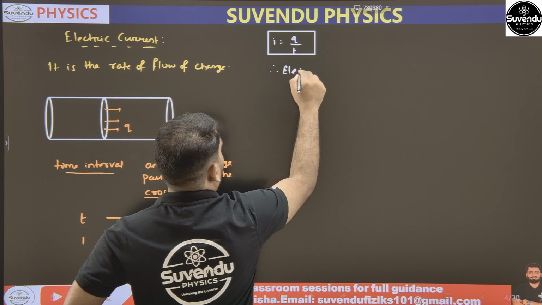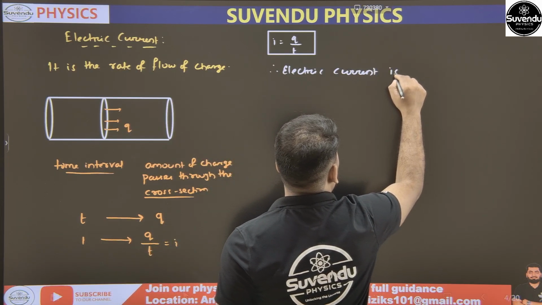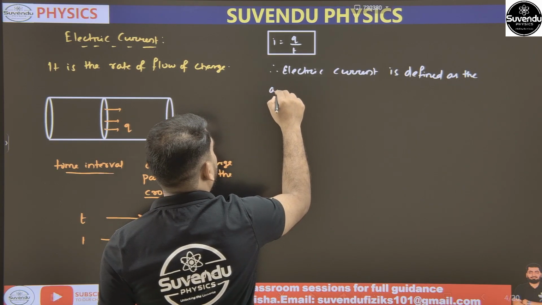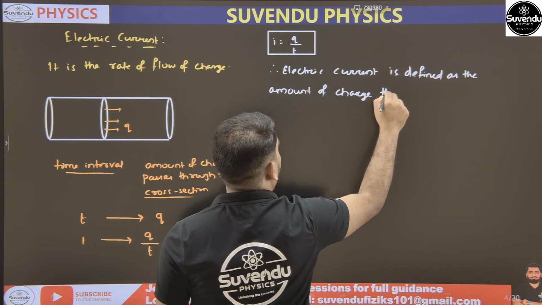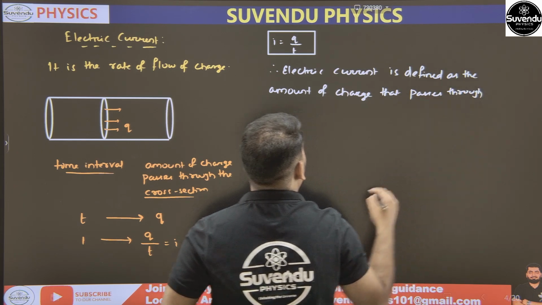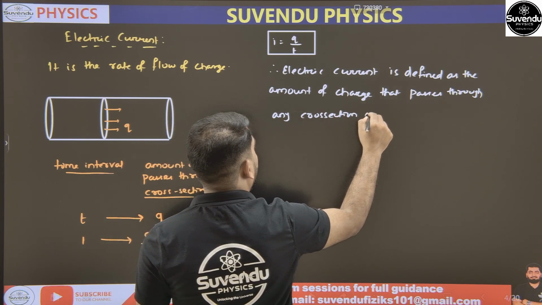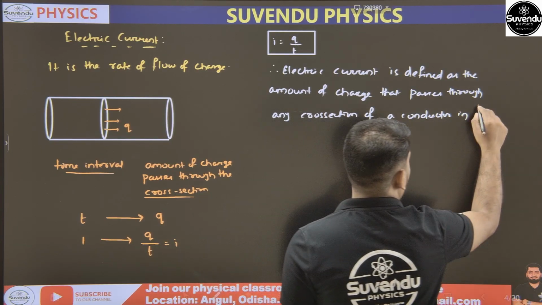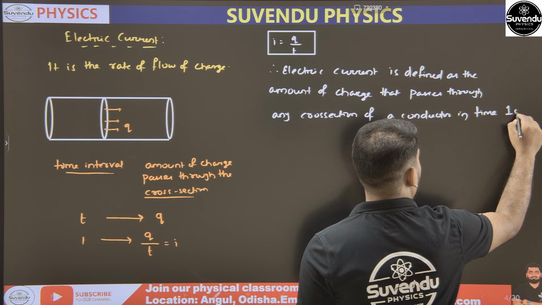Thus, electric current is defined as the amount of charge that passes through any cross section of a conductor in time 1 second, and this is called the rate of flow of charge. I think it is clear.